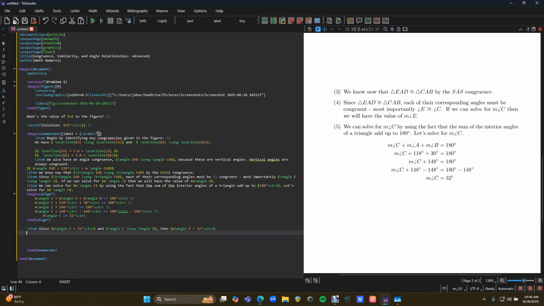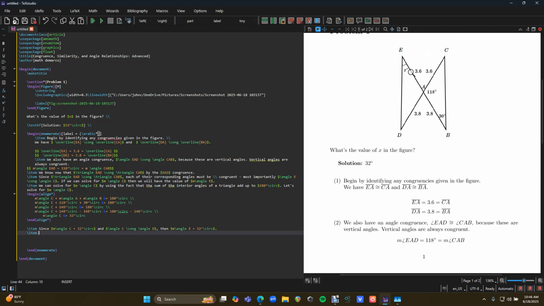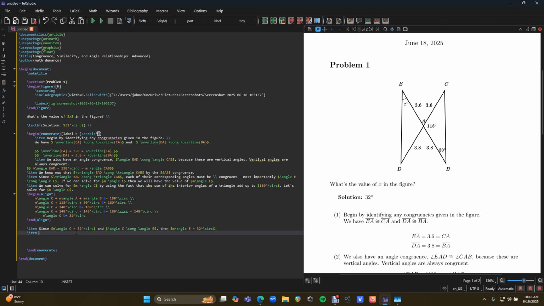So since E is equal to 32 degrees, then X should be equal to 32 degrees. Our solution is X equals 32 degrees.